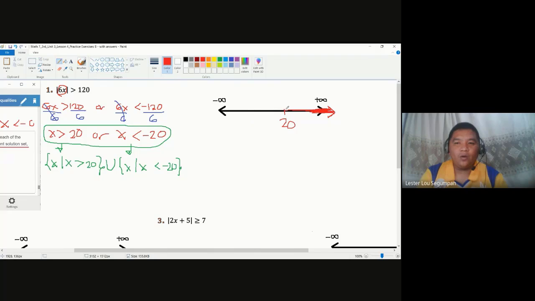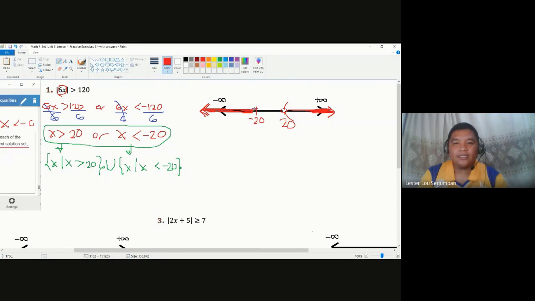And then we open 20 because 20 is not included; it could not satisfy the inequality form. Finish this with a parenthesis here. The second graph on the same real number line is all about the second statement. We start with negative 20 and we go to the left now, because the symbol of inequality points towards the left.